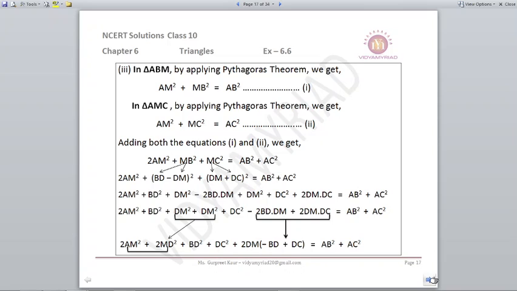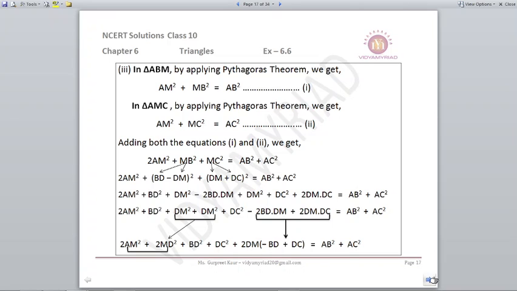So you will reach twice of AM square plus BD square plus DM square plus DM square. So I have rearranged it now. Plus DC square minus twice of BD into DM plus twice of DM into DC, which is equal to AB square plus AC square. Now here, if you look, I have rearranged.